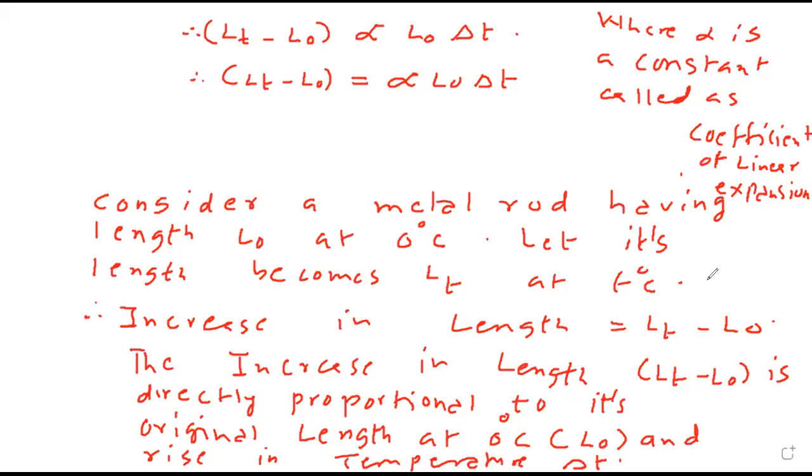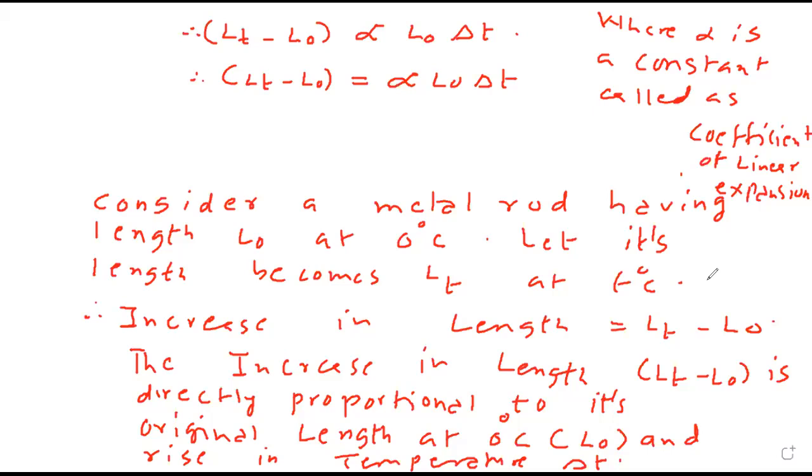Consider metal rod having length L0 at 0 degrees Celsius. Let its length becomes LT at T degree. Increase in length is LT minus L0. So increase in length is directly proportional to the original length at 0 degree and rise in temperature. Therefore, it is proportional to L0 delta T, which is equals to alpha L0 delta T. Alpha is a constant called as coefficient of linear expansion.